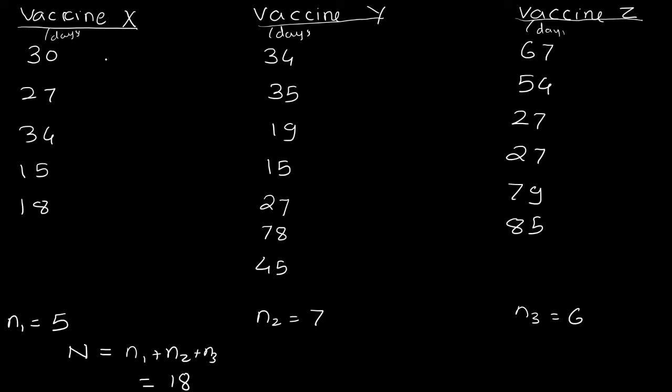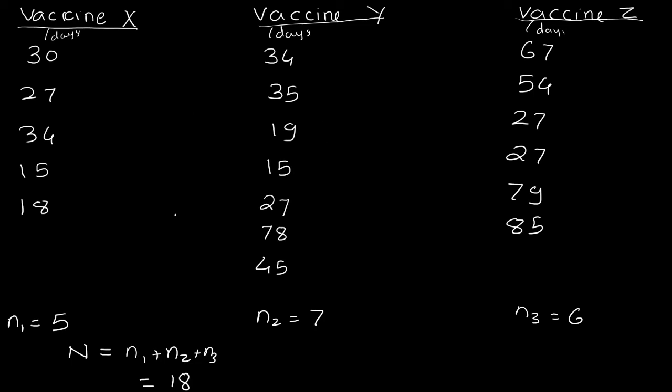Now the next step is allotting the ranks. The procedure of allotting ranks is similar to the Mann-Whitney test. All the data are combined together: all the 18 observations, 5 of these, 7 of these and 6 of these, are taken as one sample, and the ranks are allotted in ascending order.